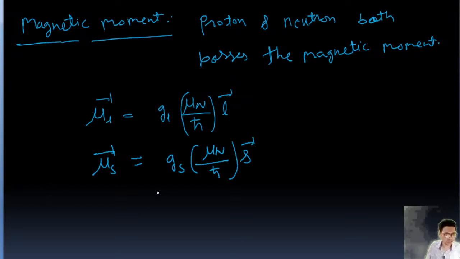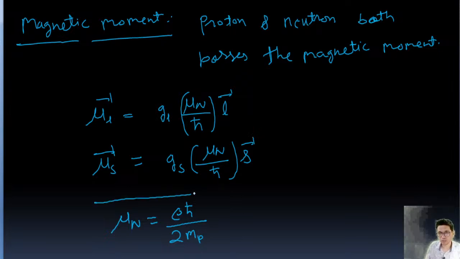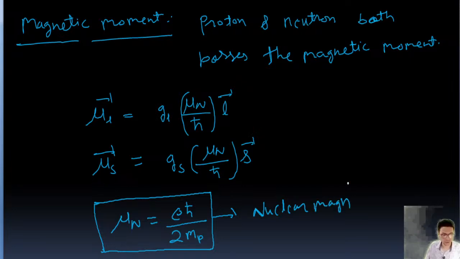Here mu n is the nuclear magneton, like the Bohr magneton we have studied in atomic and molecular physics. So mu n value is e h cut upon 2mp, and this is called nuclear magneton, important one.